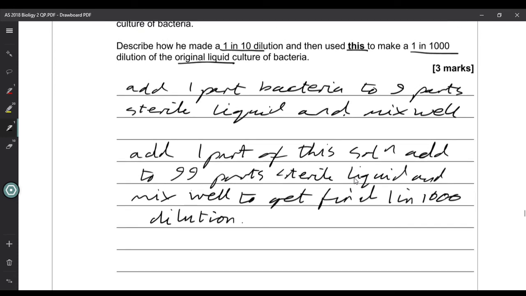Now only 3.2% of students got all 3 marks for this question during the exam, mainly by not saying mixing, because if you just add 1 part to 9 parts and that's it, you've not really got a 1 in 10 dilution. The bacteria is not evenly spread, so you've got to make sure that you mix the solutions well after adding them.